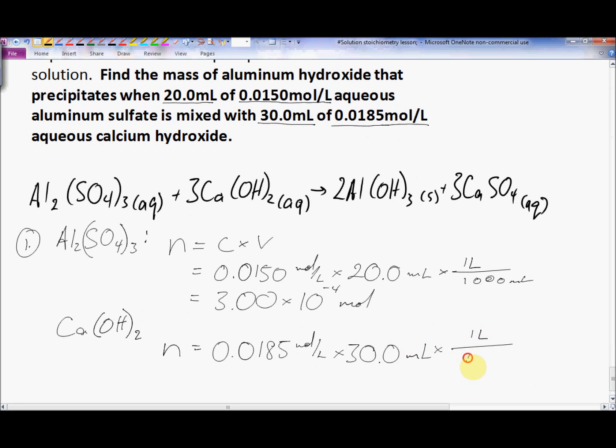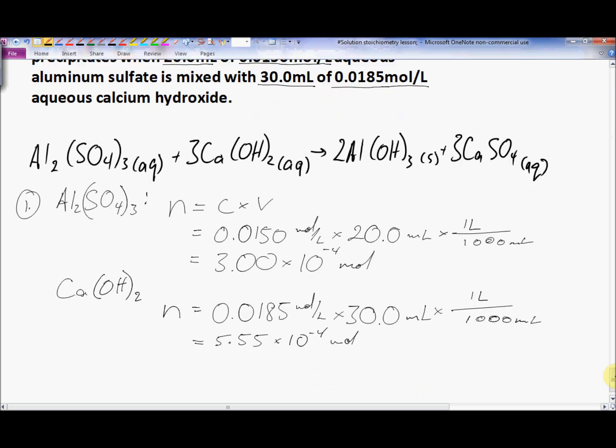Times 1 liter over 1,000 milliliters should give us a total of 5.55 times 10 to the negative 4 moles.